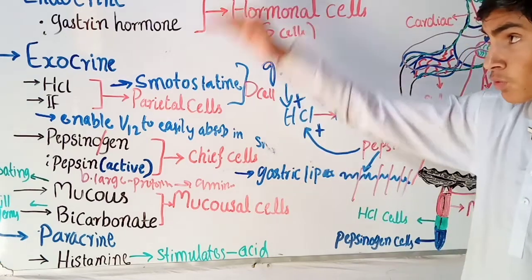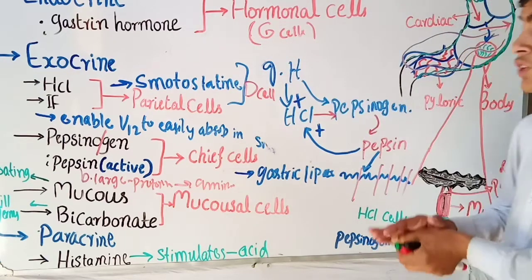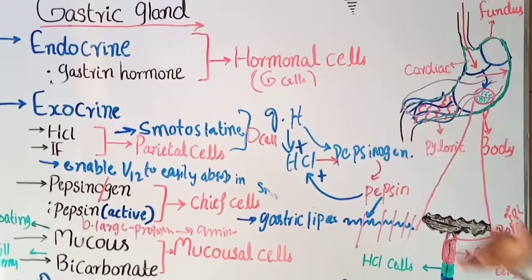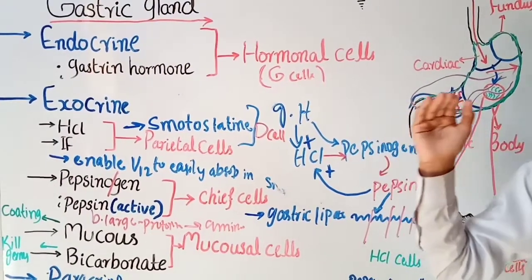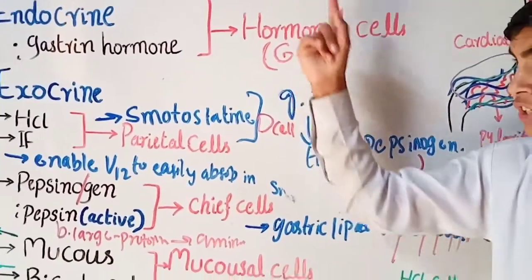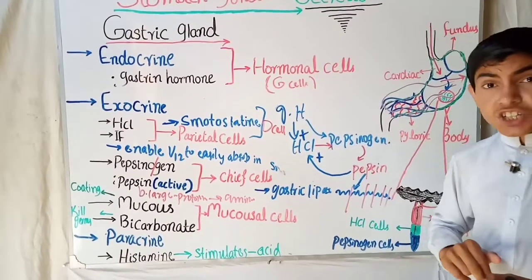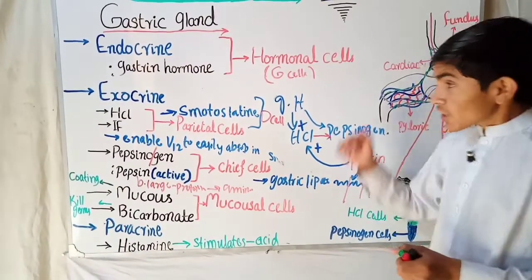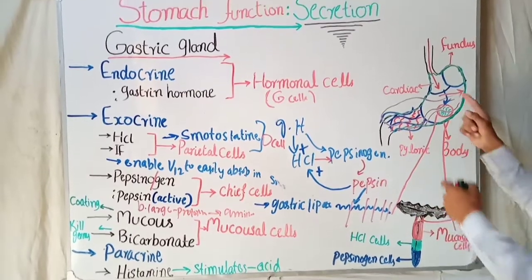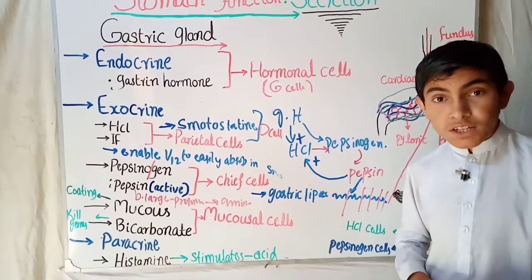Now we have studied the secretion of chemicals in the food, the chemical digestion, and under the secretion of these chemicals the food is converted from bolus into chyme.